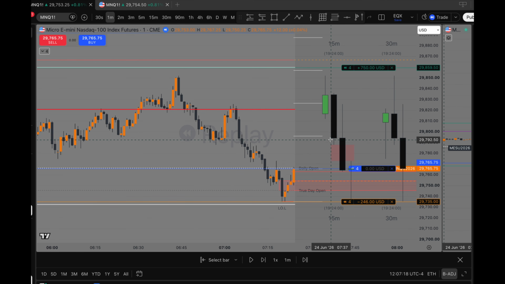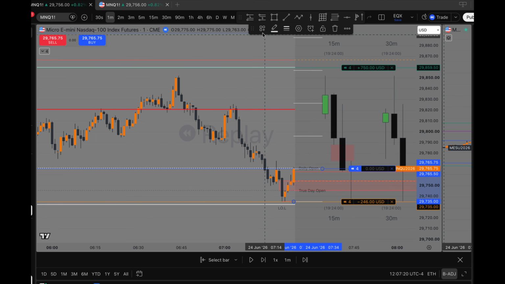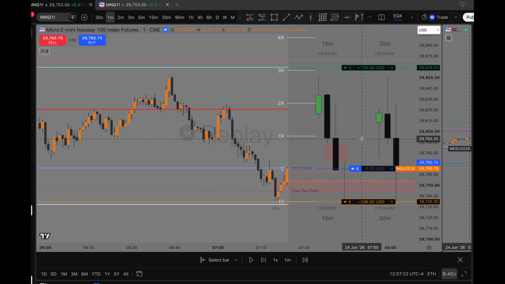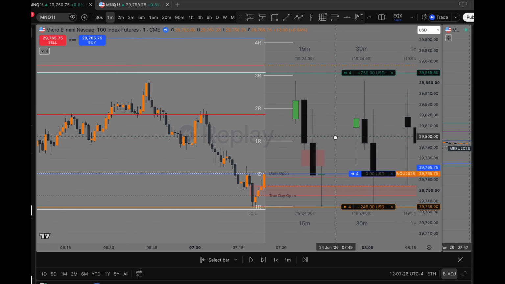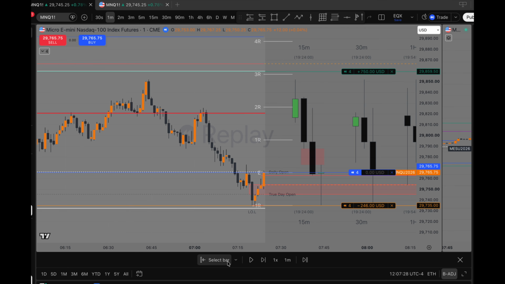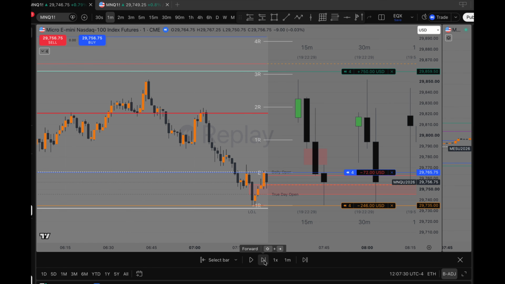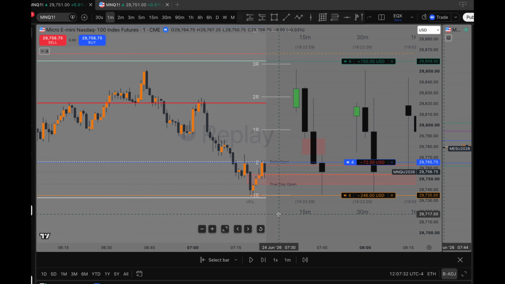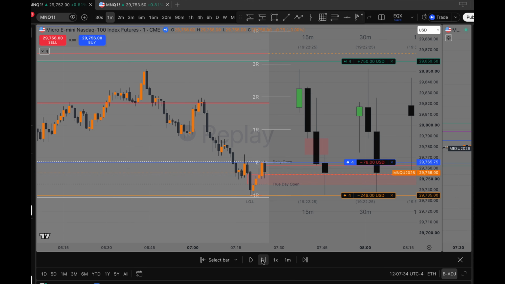I would obviously manage my position when I was up 2R and at the point of control. I let this play out. We initially come into drawdown, which I didn't like, because there was a new 50-minute candle opening and I thought this candle was going to close bullish.